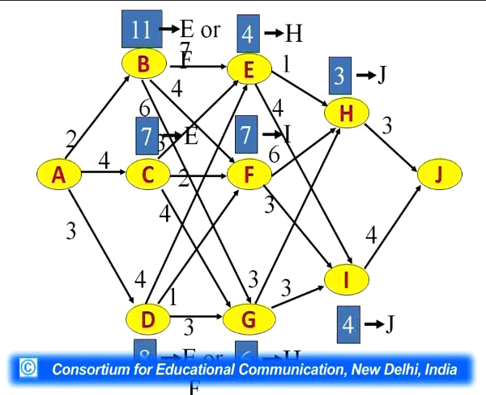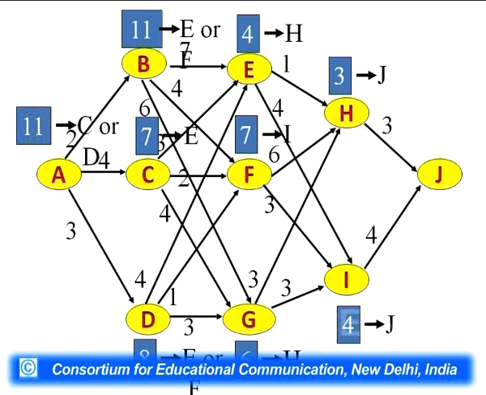And next, at point D, it is 8 kilometers only and we have to come from E. Till E we have 4 kilometers and the distance from D to E is 4 kilometers, 4 plus 4, 8 kilometers. That is why we have written 8 kilometers. Any other route, if we take, will give us more kilometers. What we do not want? We want the shortest possible route. And finally, A point.